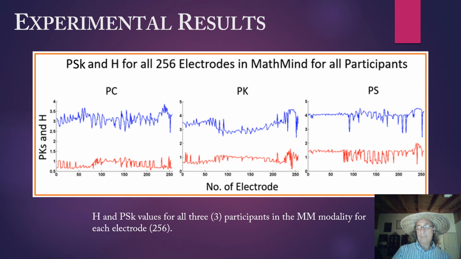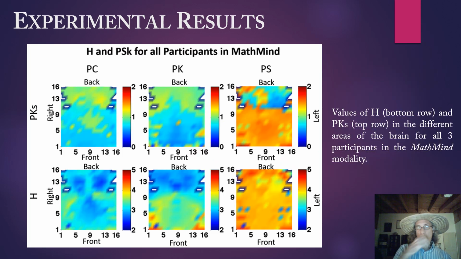But when we put these in a picture like this, where we take the 256 electrodes and arrange them in a matrix of 16 times 16, that gives us the different areas of the brain: back, front, right, and left. Then we can start to see how the brain dynamics related to the Shannon entropy index and the PSK give us different impressions of the differences between the brain dynamics of these participants in different modalities.